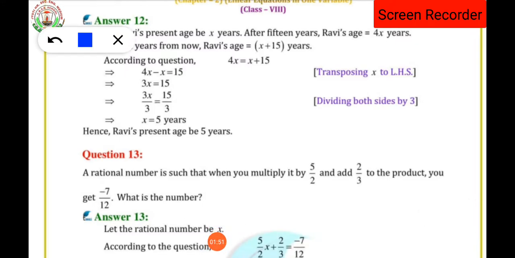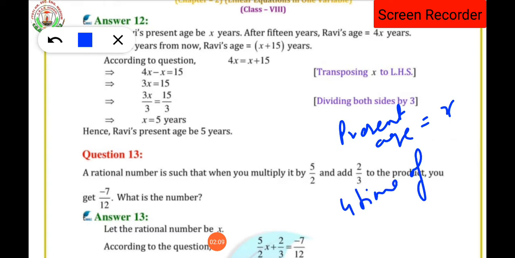What is said here? Let Ravi's present age be X. Then 4 times his present age will be how much? That will be 4 into X. Clear?